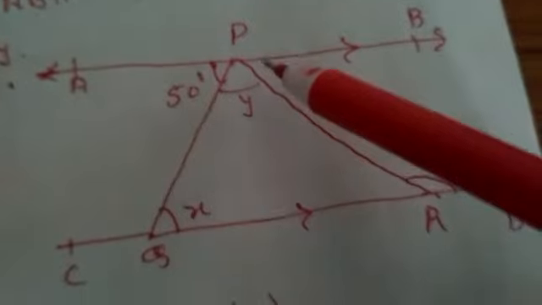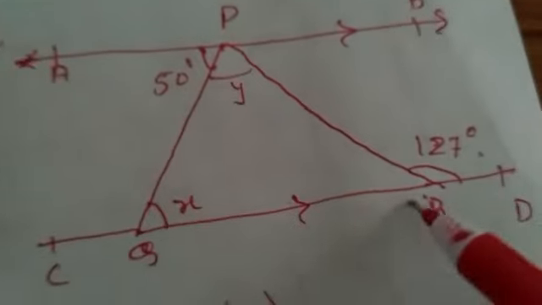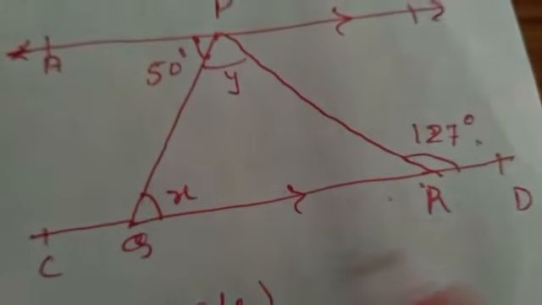Let's see the figure. In triangle PQR, the side QR is produced in both directions.